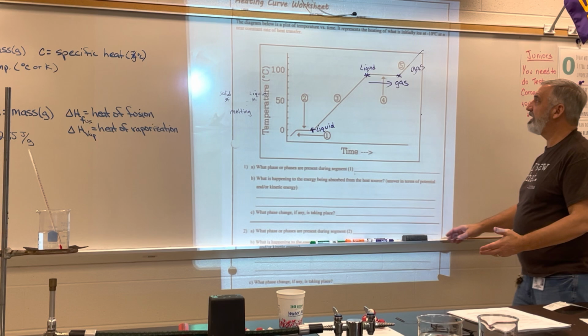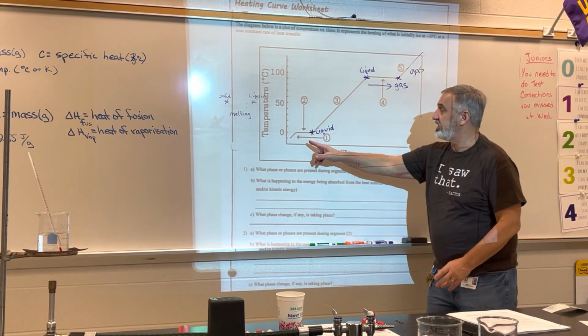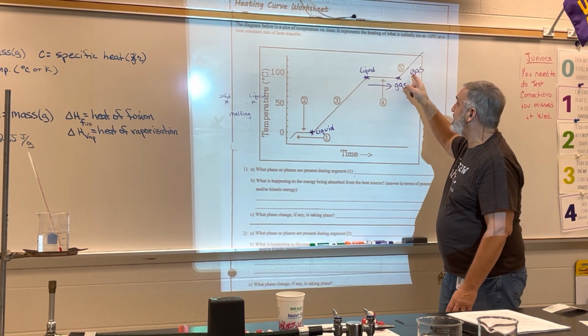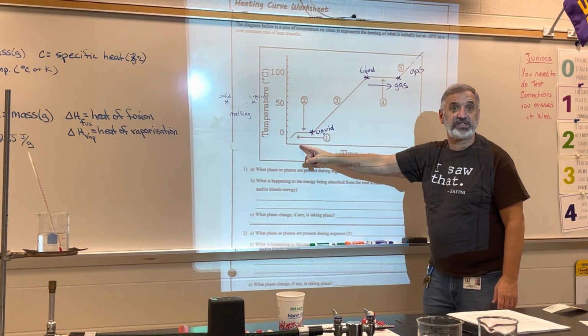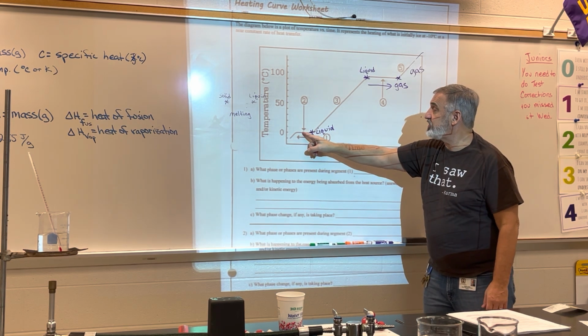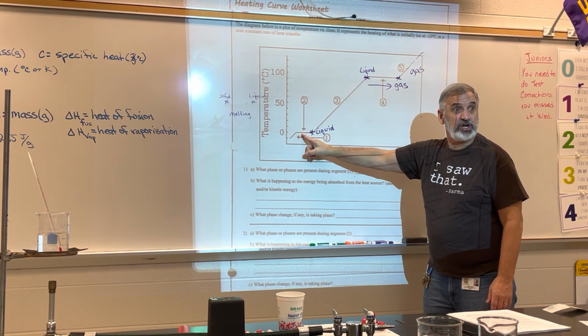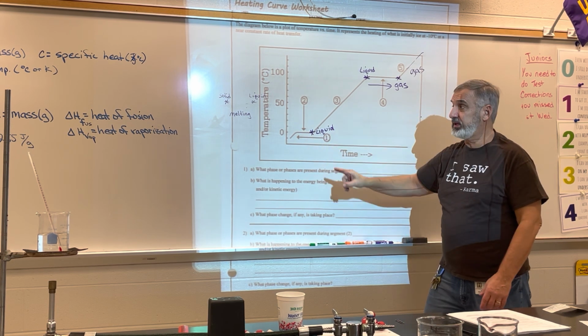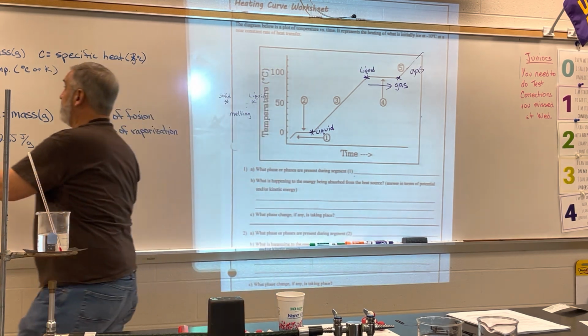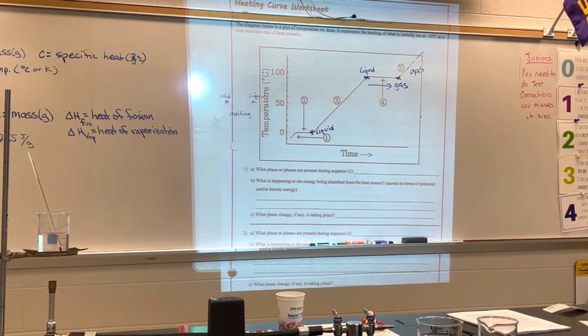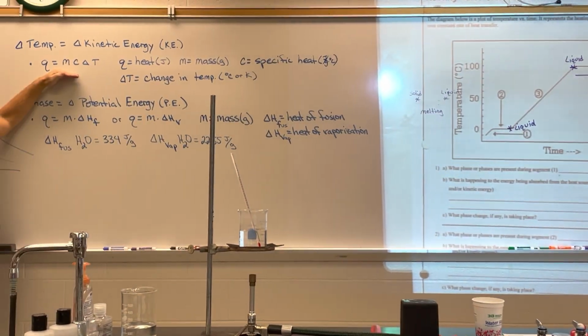All right, so we have all of these. So it's real important that you understand solid, liquid, gas, changes in temperatures, changes in kinetic energy. Phase changes is when there's no change in temperature, it's a change in potential energy. We can measure the changes in kinetic energy with Q equals MCΔT. Follow me. With Q equals MCΔT.